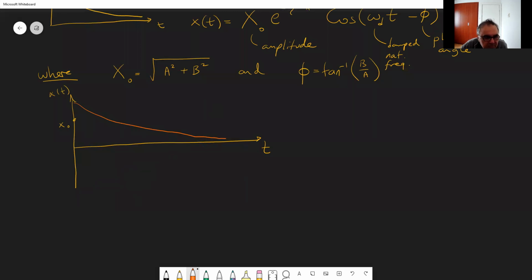These have to be symmetric. Okay, something like this, and then your vibrations have to stay inside this.